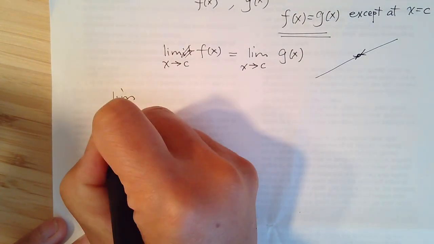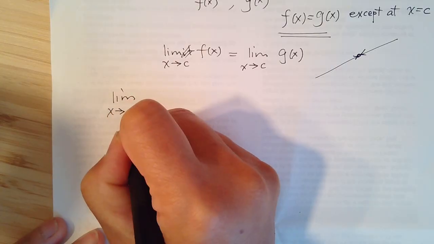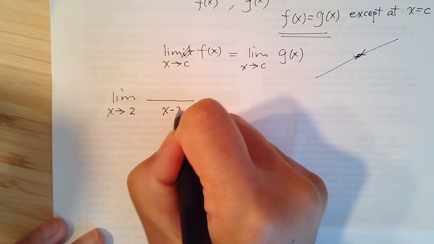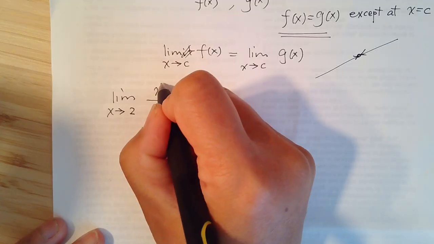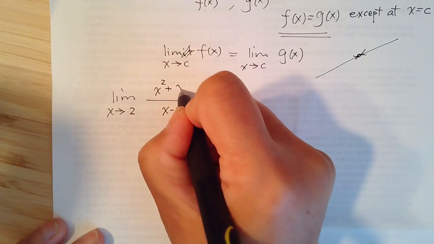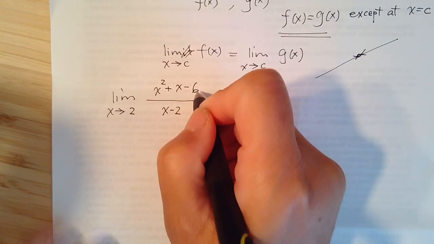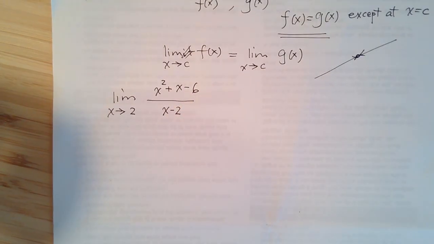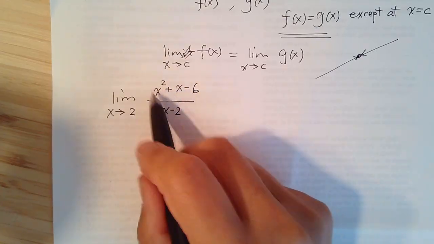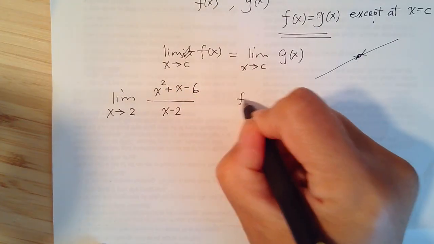How do I use this? When x approaches 2, the denominator is x minus 2, and the numerator is x squared plus x minus 6. This is a function. That's my f of x here.